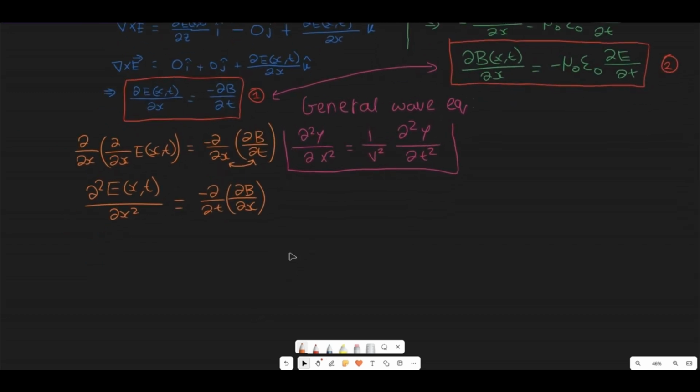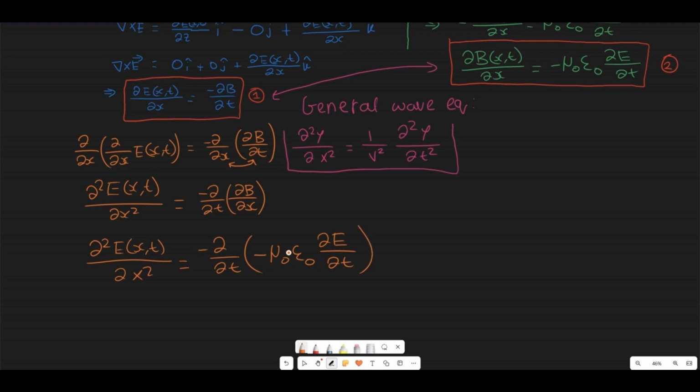I can copy out this side, and second order in space is then just going to be the negative partial time derivative, and partial B by partial x is minus mu naught epsilon naught partial E by partial t.